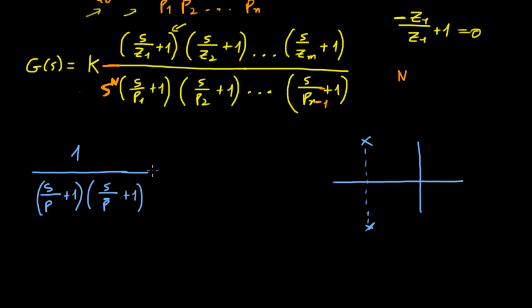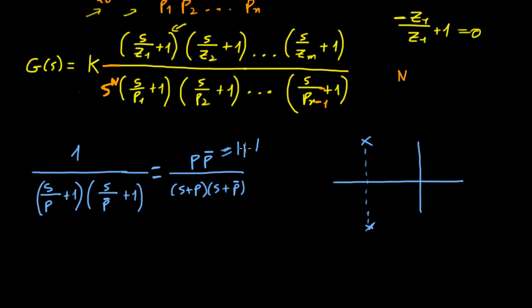Well, if we multiply this expression by p and p bar, we get p times p bar over s plus p times s plus p bar. But this is just the expression for the module of a complex number. Well, this is actually just p.